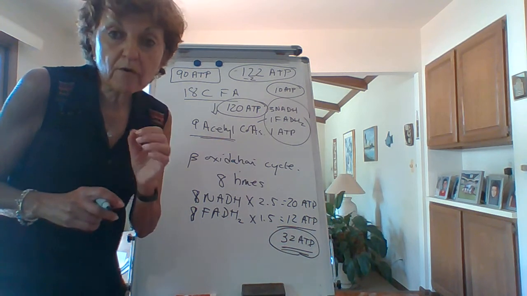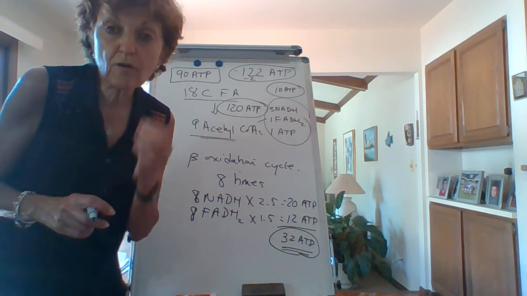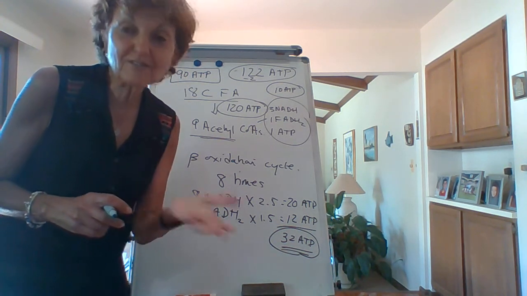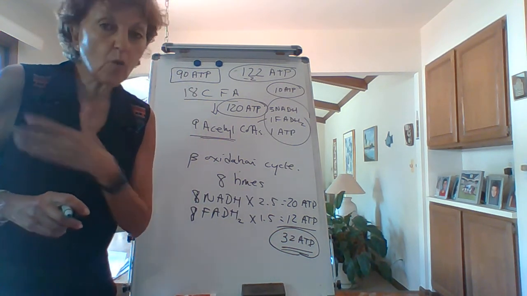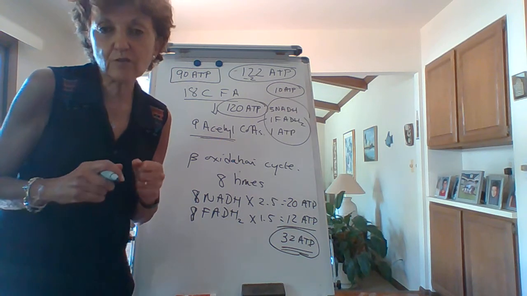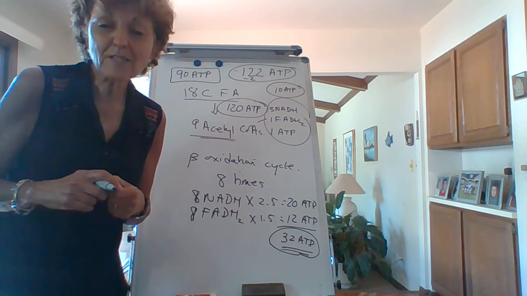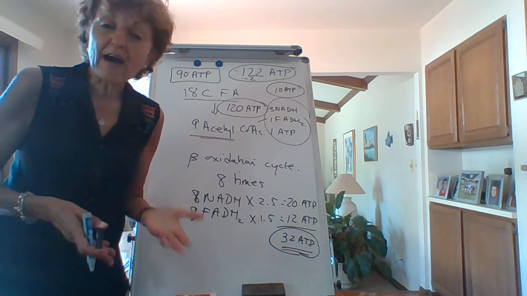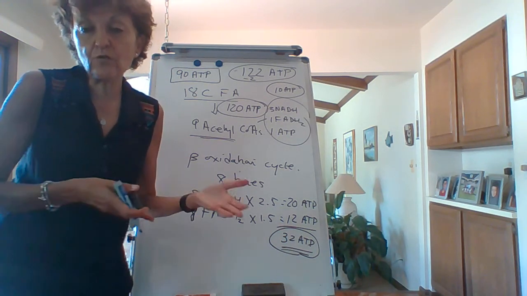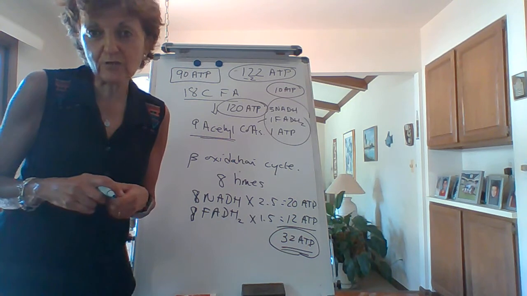And remember, each triacylglycerol has 3 fatty acids, so again, it depends on what the fatty acids are in the triacylglycerol. That's why you know that you get a lot more energy out of a gram of fat than you do out of a gram of carbohydrate.